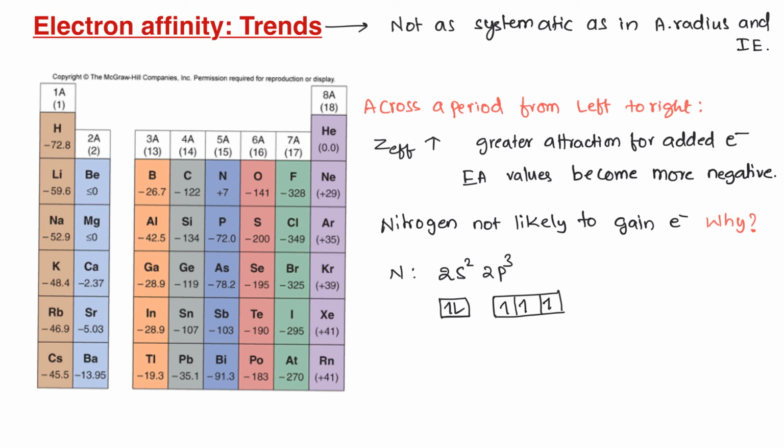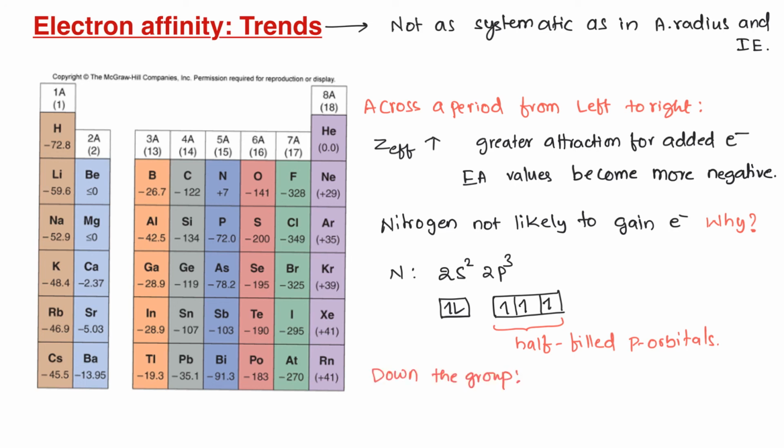The electronic configuration of nitrogen is 1s2, 2s2 and 2p3. All the p orbitals are half-filled. The added electron has to go into one of these half-filled orbitals, which increases the electron-electron repulsion and makes nitrogen unstable. Therefore, nitrogen is unlikely to gain an electron.